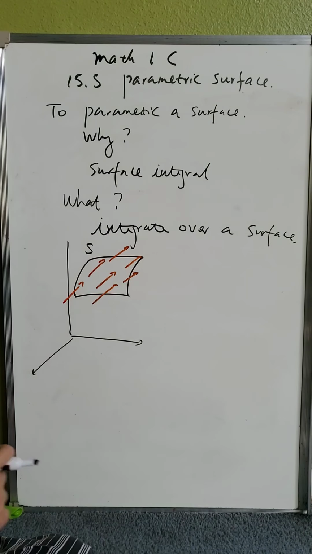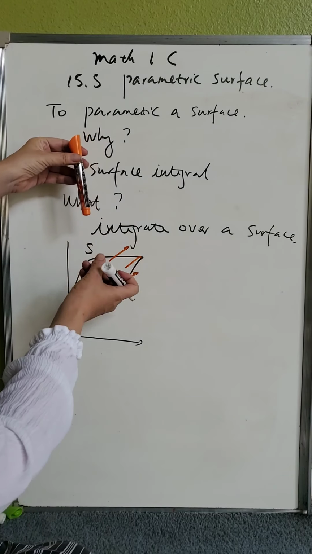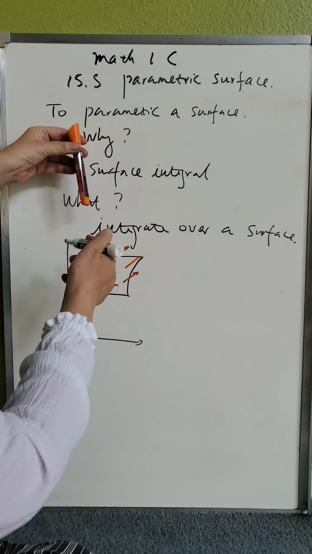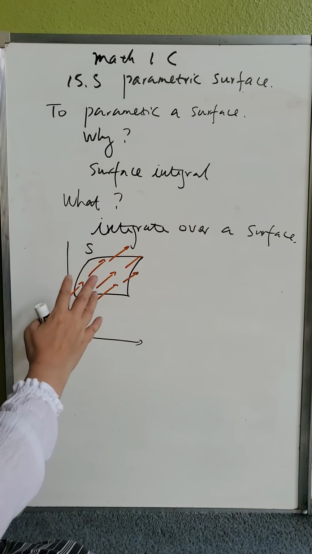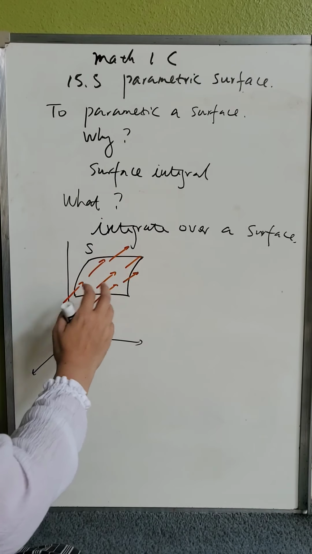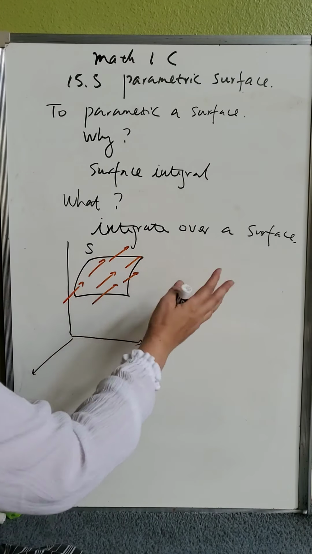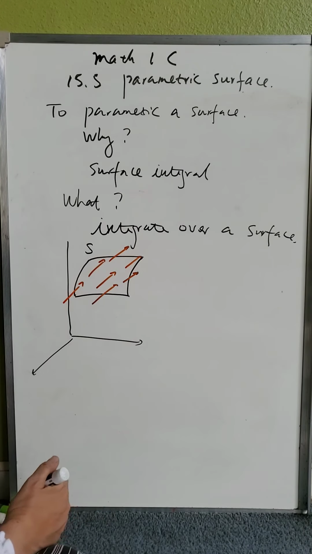So for instance, if you're holding a bottle of water, and you open the cap, and then the water comes out and splashes on the surface, the surface integral tells you the speed for the water to run across the surface, okay. That's what the surface integral is for.